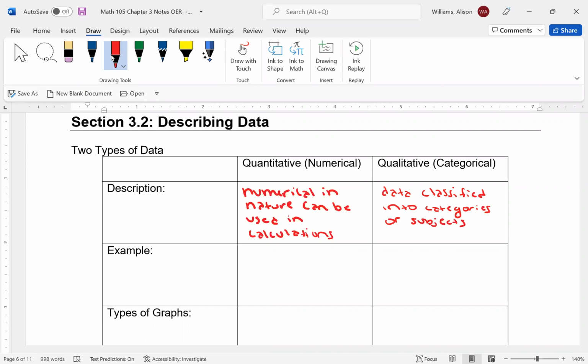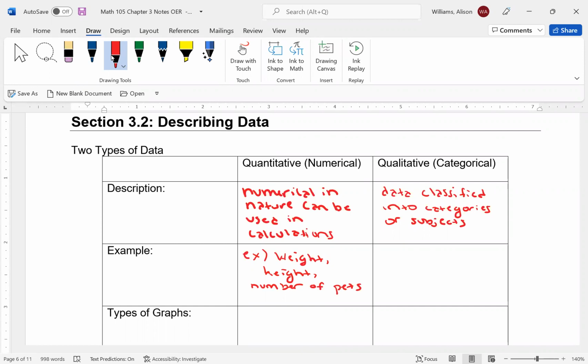So an example of quantitative data, as I said, was something like height or weight. It could be something like a counting, like the number of siblings you have, or pets. Here we'll do pets, shorter.